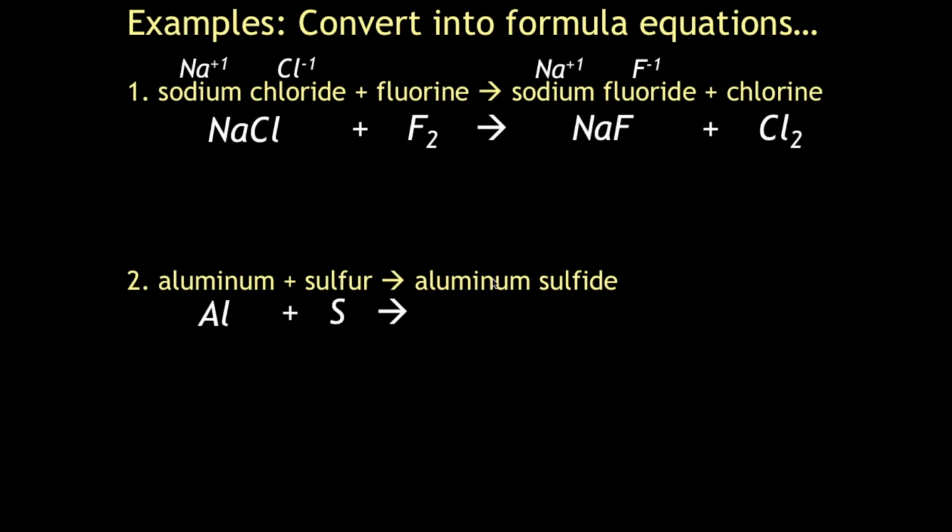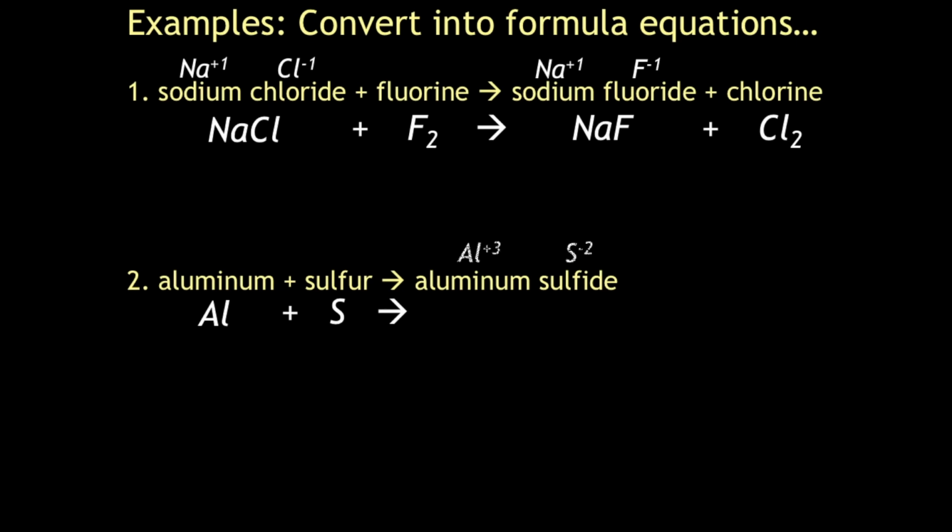Okay, aluminum sulfide is not an element, so we don't have to decide if it's monatomic or diatomic. It is a compound. So the compound, we need to decide if it's an ionic compound or covalent. This right here is an ionic compound because of the aluminum. The aluminum is a metal, so if there is a metal and a non-metal bonded together, it's going to be considered ionic.